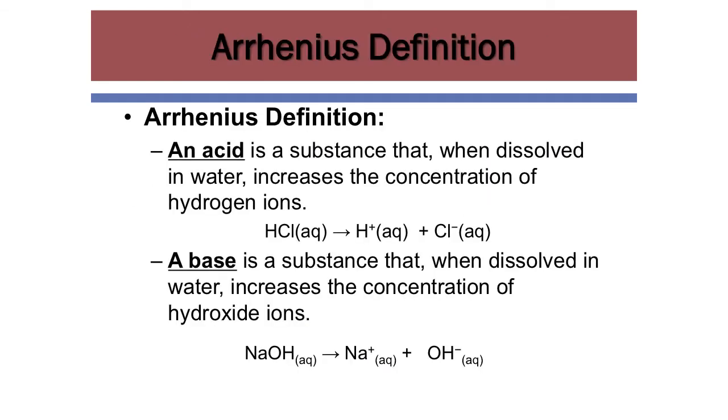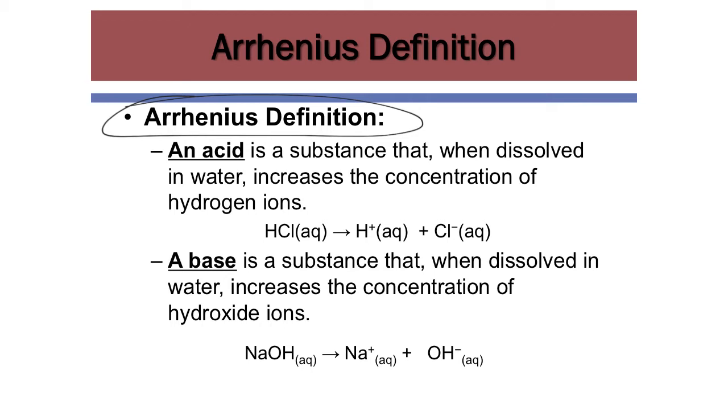All right, so one of the things that we wrote on our list was that when acids ionize, they produce the hydrogen ion. That is the Arrhenius definition of an acid and base. So if we think about something like HCl, when that ionizes in solution, it splits apart into the hydrogen ion and the chloride ion.